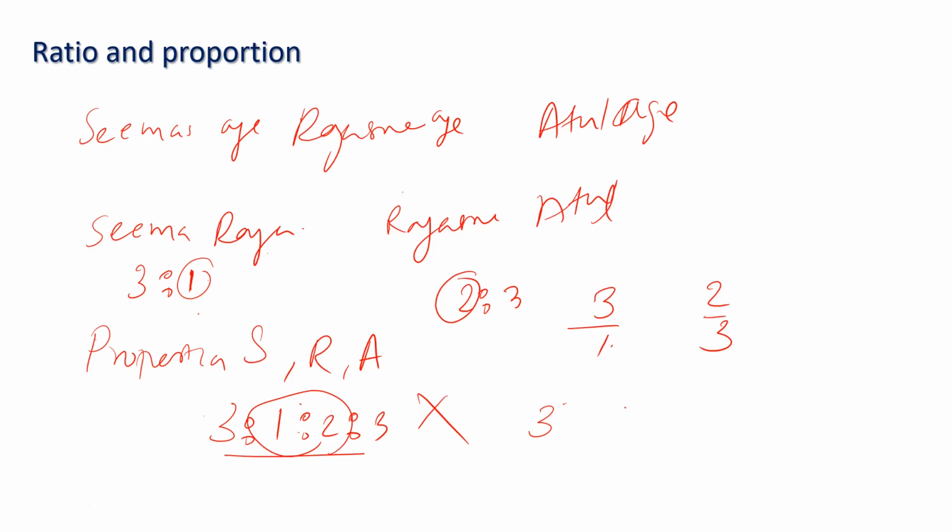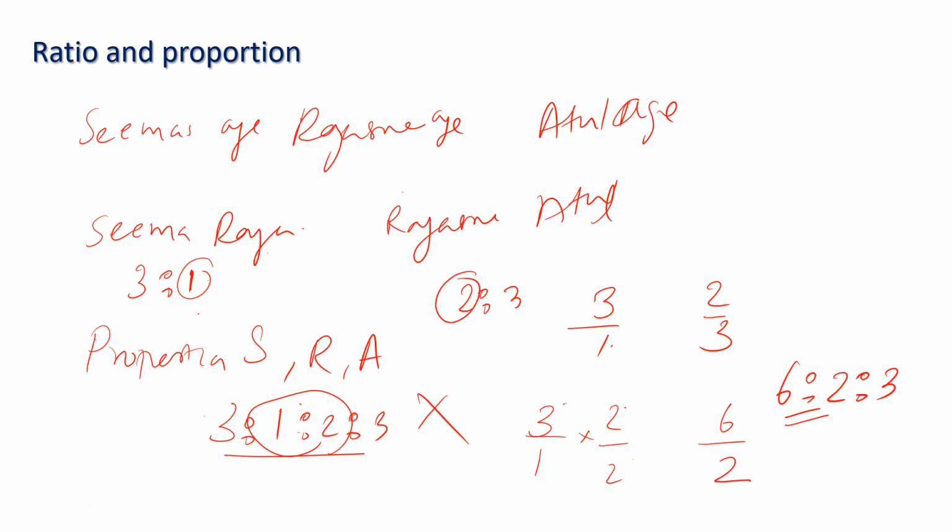We will change that 1 into 2. 3:1 multiplied by 2/2, you will be getting the answer 6/2, so now the ratio can be written as 6:2:3.